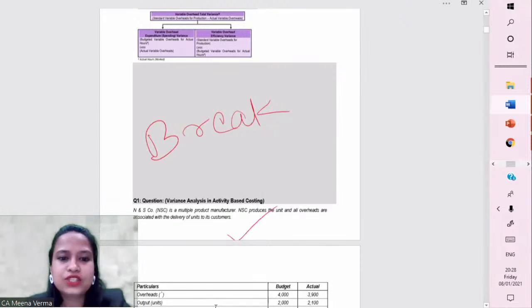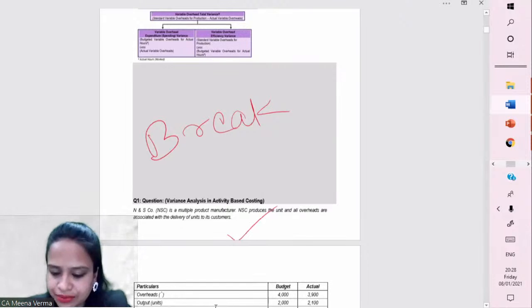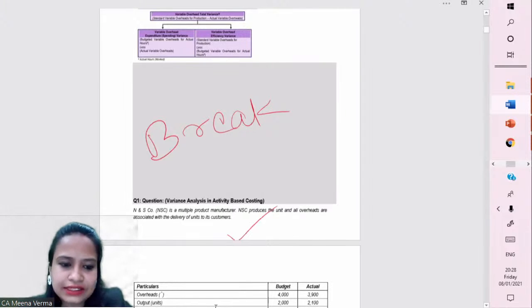Use these two formulas and please try to do this on your own. I want all of you to try it at least, then I'll do this for you. First try to do this on your own. We will extend today's class.